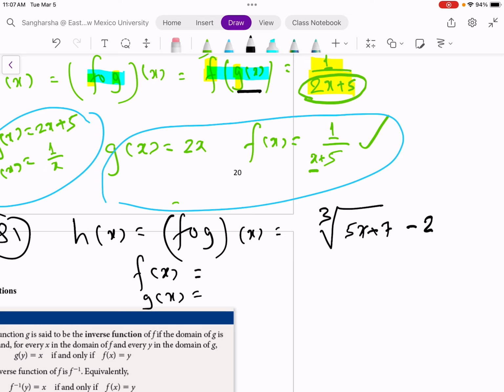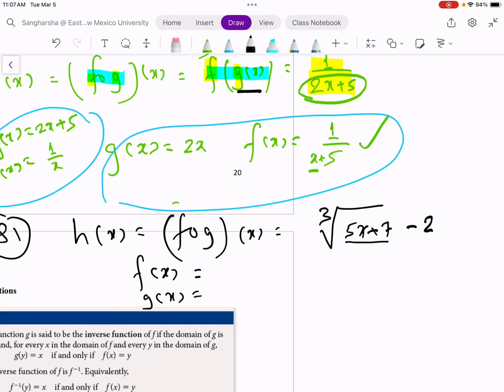If your g of x is 5x, what would be f of x? That's the cube root of x plus 7 minus 2, right? Or you can say 5x plus 7 is your g of x, and cube root of x minus 2 is your f of x.